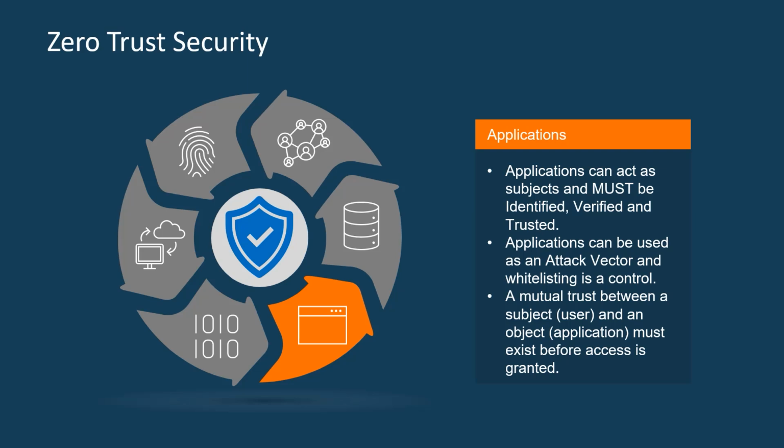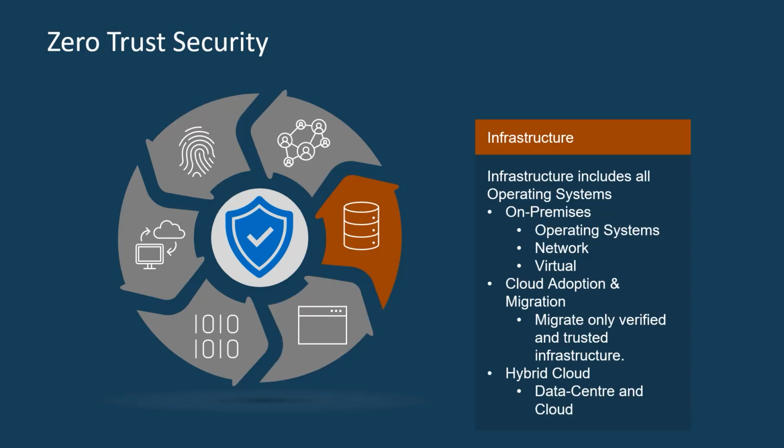Also, mutual trust is really beneficial between a subject, or the user, and an object, the application, and that must exist before any access is granted. And the beauty of this is once you have identified that, you can create the triggers to log those events in your environment.